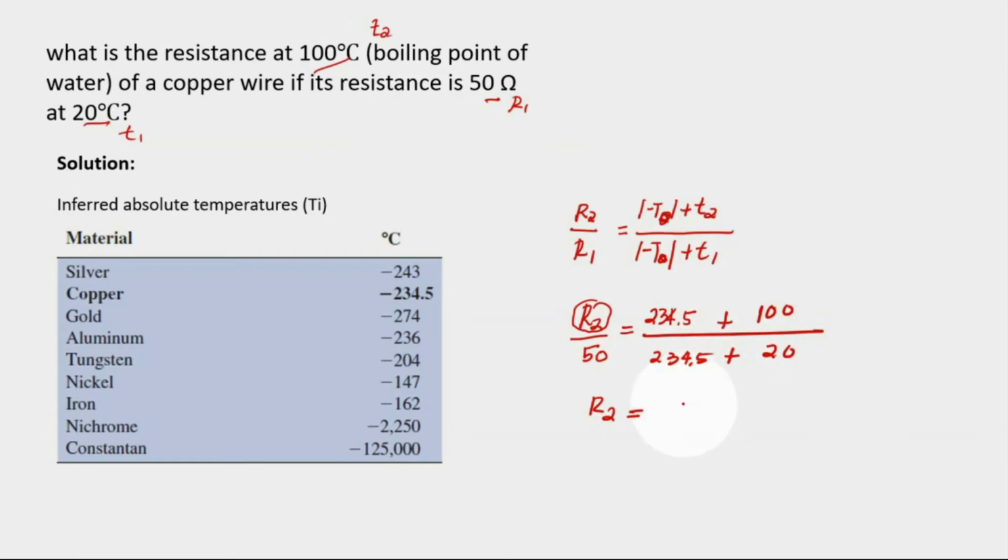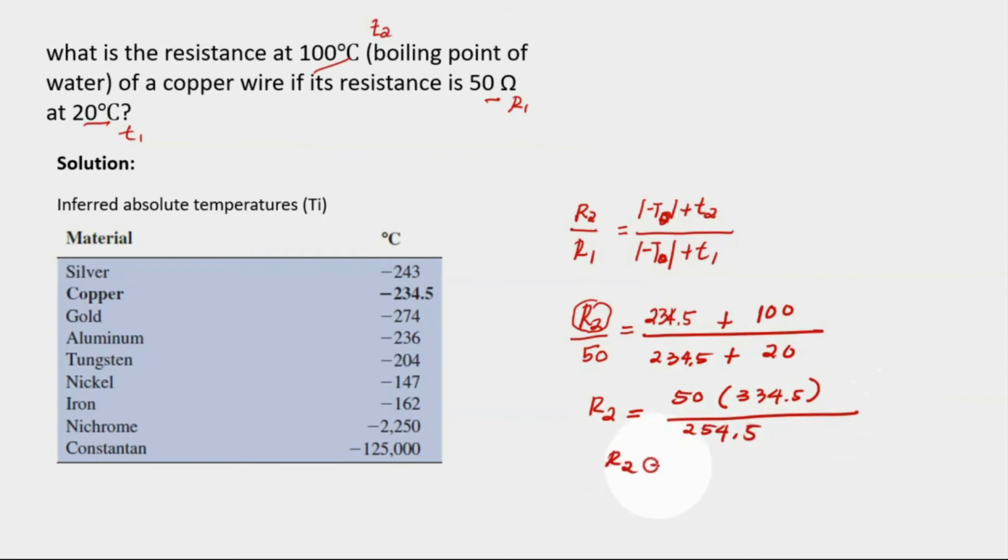In this case, the numerator will be multiplied to the denominator on the left side, so that will be 50 times 334.5, divided by, so this is 200, you add 234.5 plus 20, so that will be 254.5.